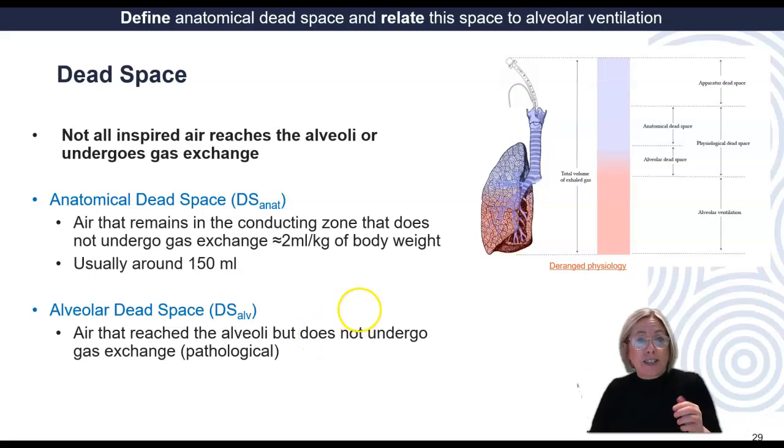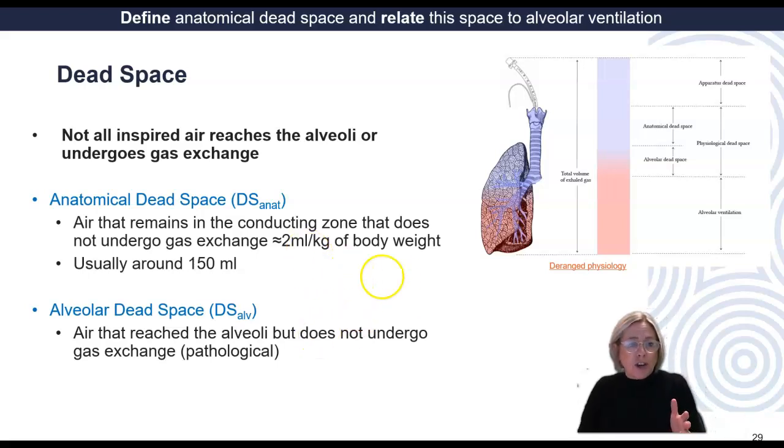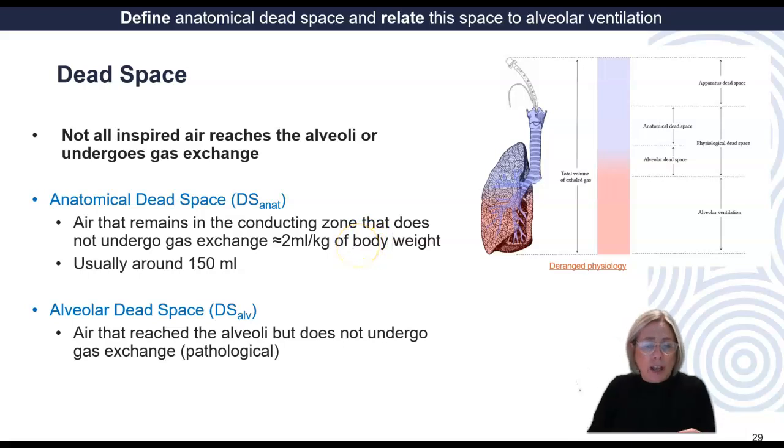So there is dead space in the respiratory tract, so not all inspired air reaches the alveoli or undergoes gas exchange, right? We have something called anatomical dead space, which you can see in this figure here. It's all this air that's in the conducting zone, okay? And so it's that air that doesn't undergo gas exchange.